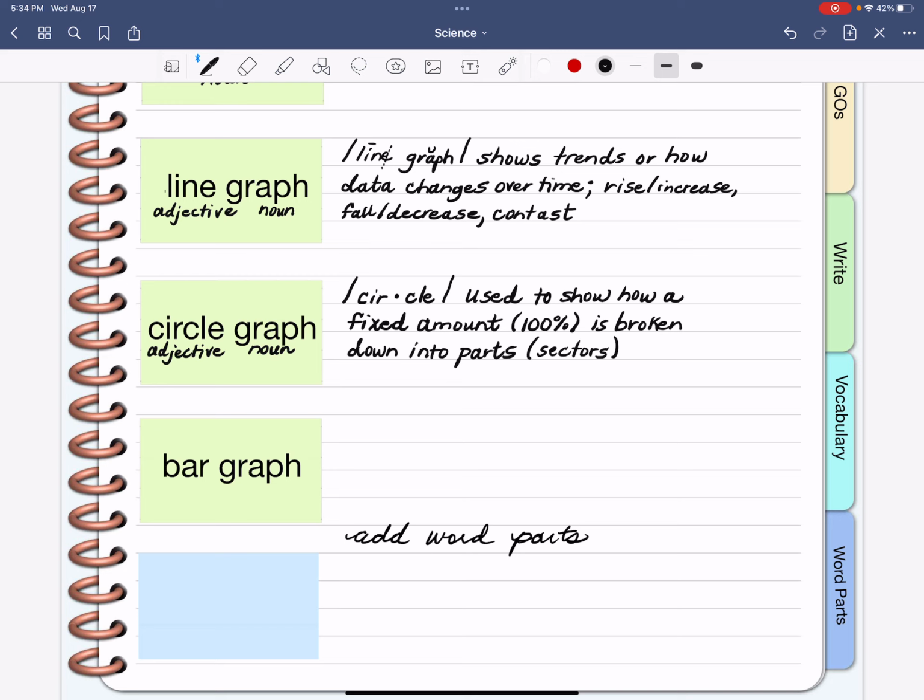Okay, the last term is bar graph, and I have bar. That A is R controlled, so it has a funny sound. Bar graph. Bar is the adjective that tells what kind, and graph is a noun, person, place, or thing. A bar graph is useful for comparing information by counting.